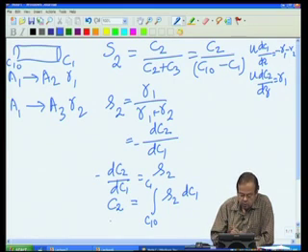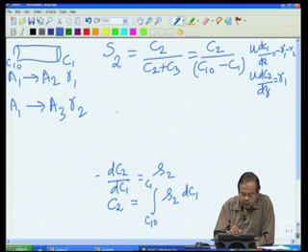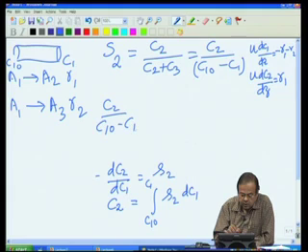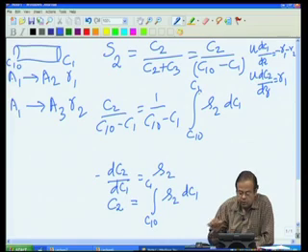Therefore, C2 by C10 minus C1 is 1 over C10 minus C1 times the integral of S2 dC1 from C10 to C1.